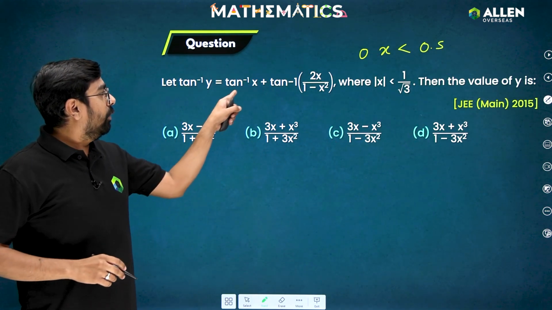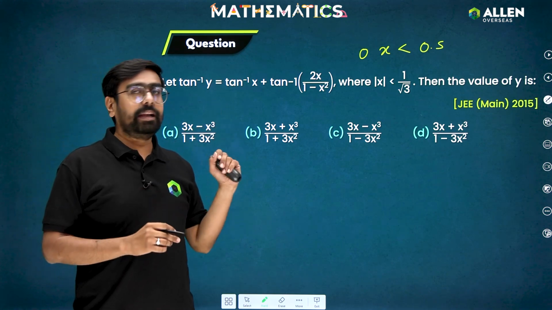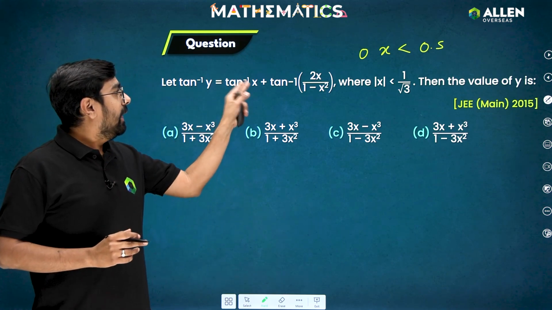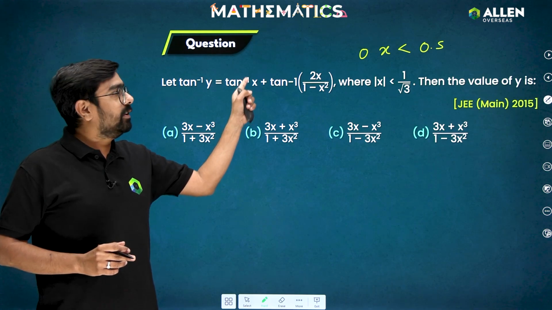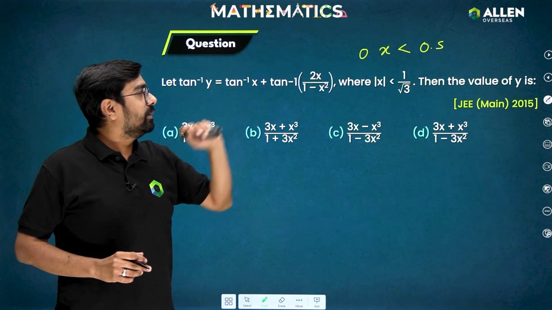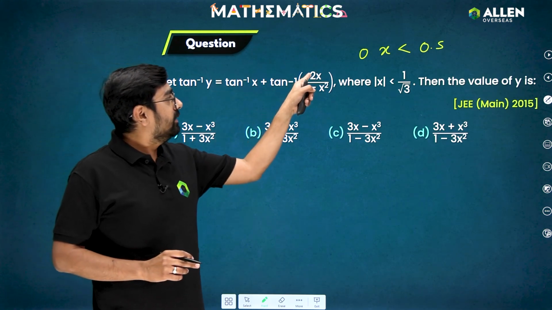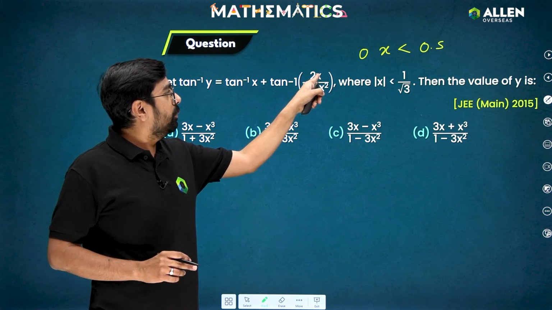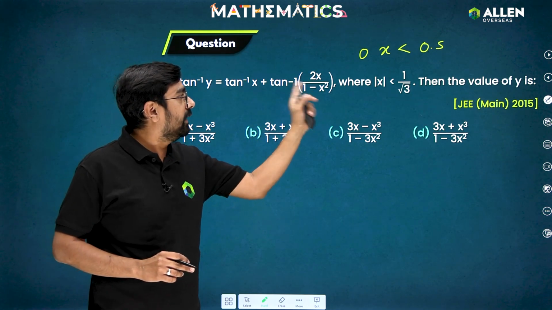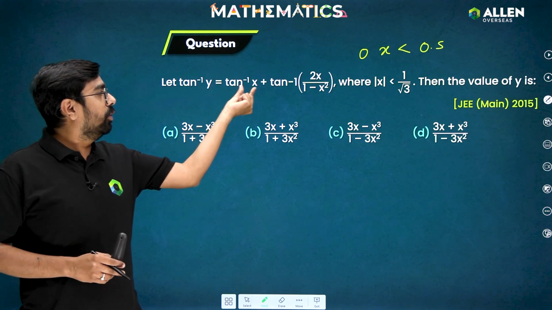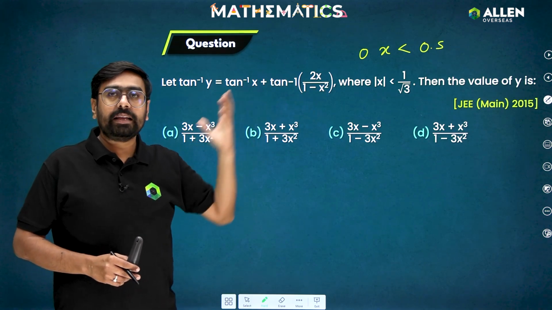Now, let's check the values of a and b. According to the formula, x will always be positive, between 0 and 0.5. What about this one? This will also be positive: 2 into 0.5 upon 1 minus 0.5 is also going to be positive. Both of the values are greater than 0.